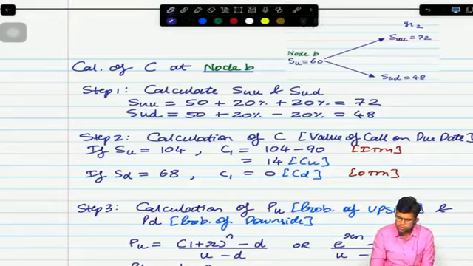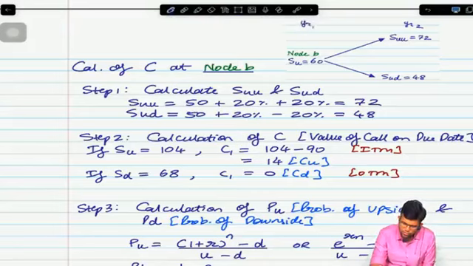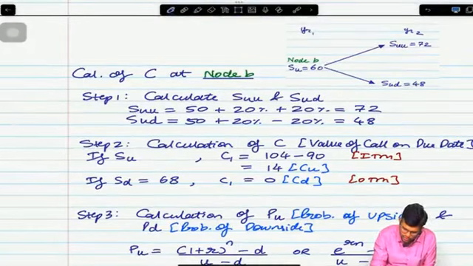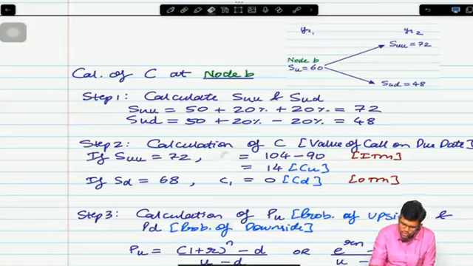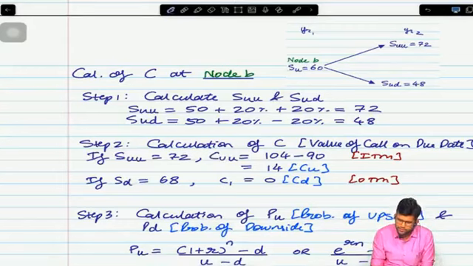Now students, if SUU is 72, do you realize that CUU, everybody clear, na? CUU will be, what is the strike price of this question? Check, what is the exercise price? 50.